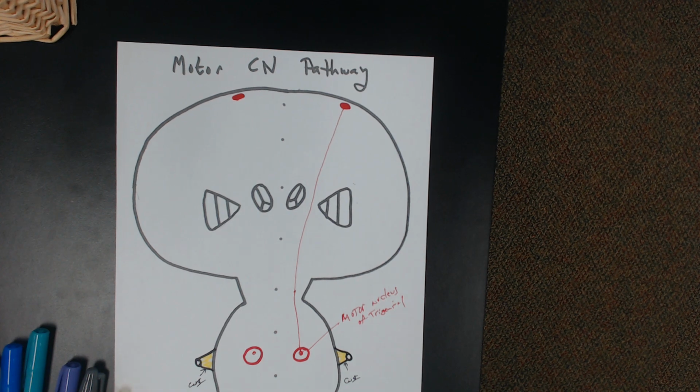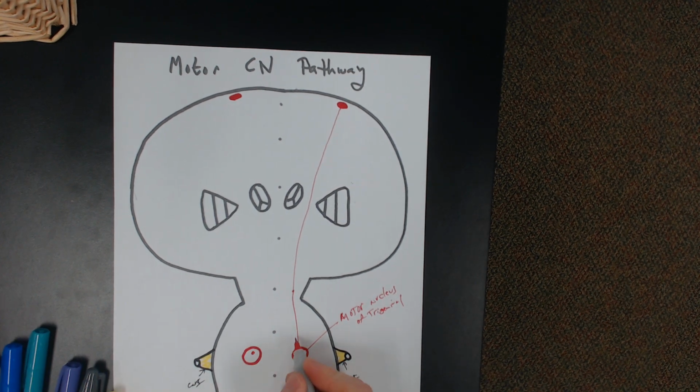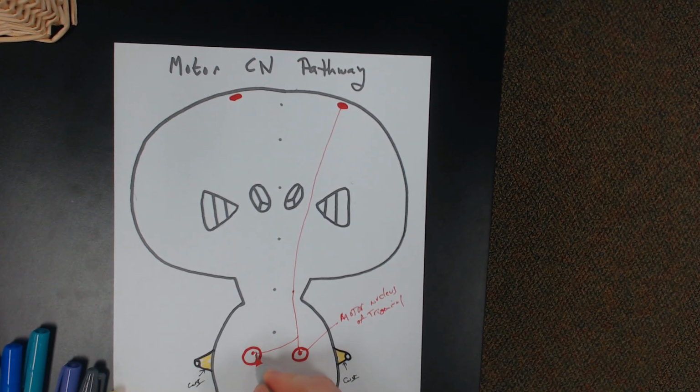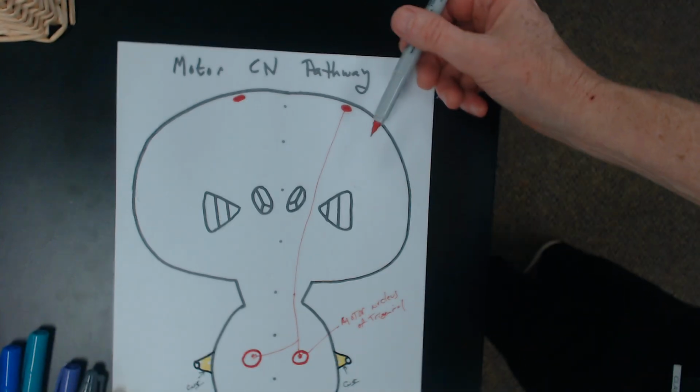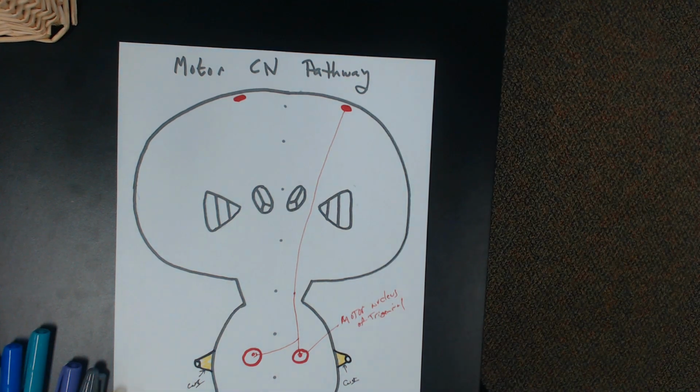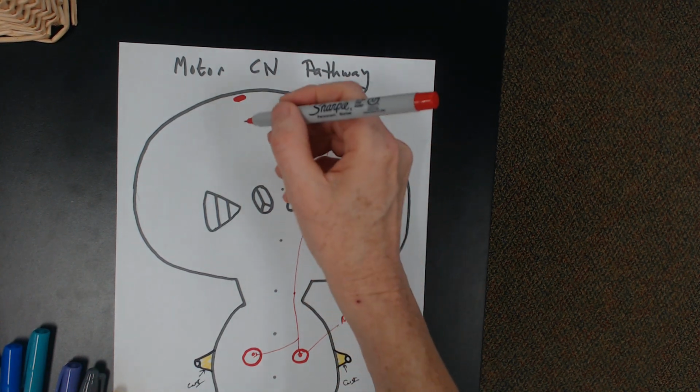Okay, and it's also going to synapse with a lower motor neuron contralaterally. Okay, so upper motor neuron here in the primary motor cortex on the left side, for all cranial nerves except cranial nerve 7, synapses with both motor nuclei of trigeminal bilaterally. Same thing happens on the right side.